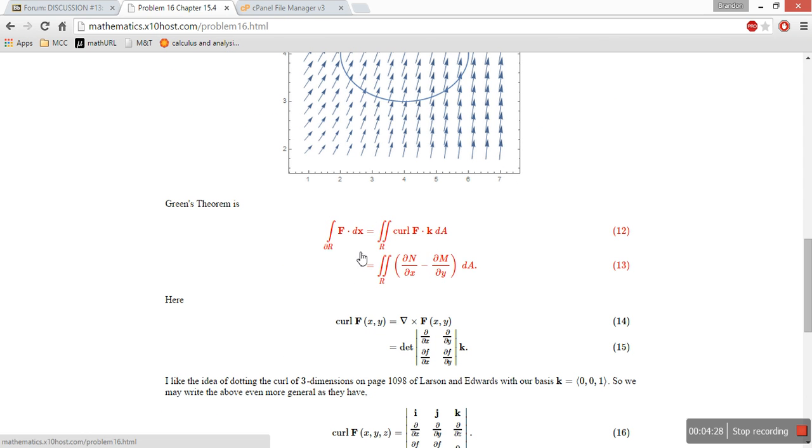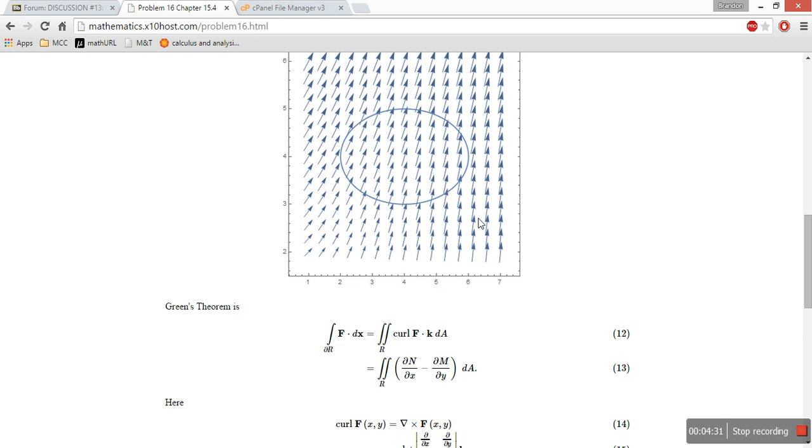And Green's theorem. Now we can look at Green's theorem because we know our contour is a closed contour. It doesn't contain any asymptotes or singularities, so we don't have to dodge them or anything.